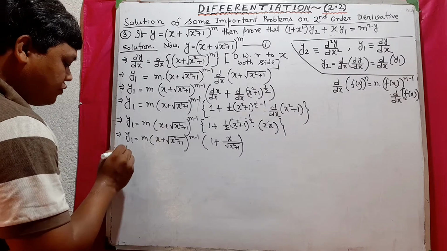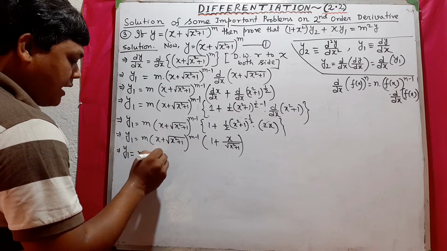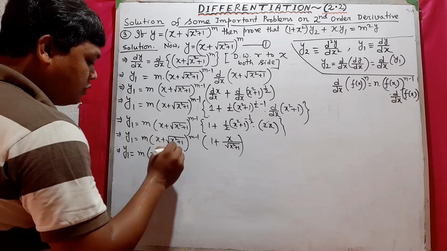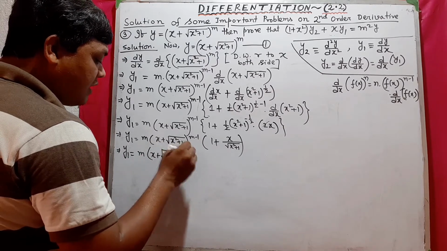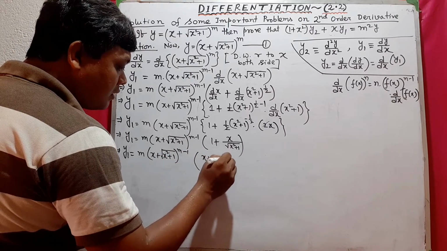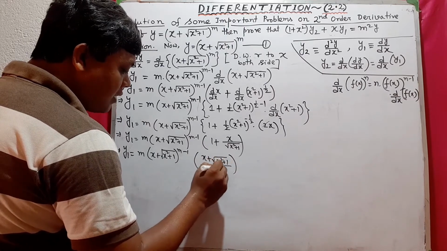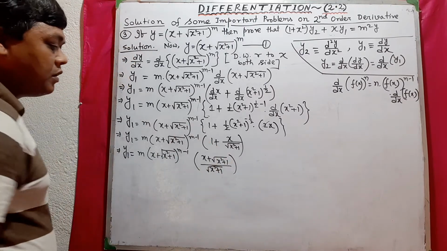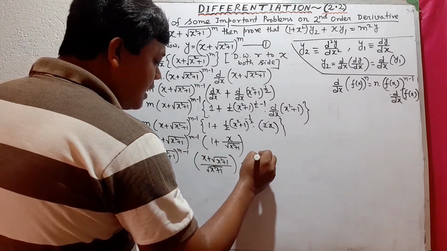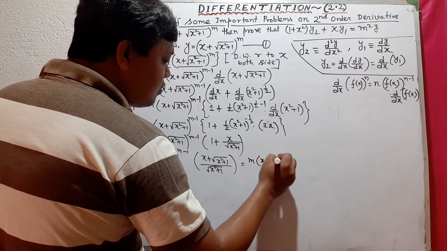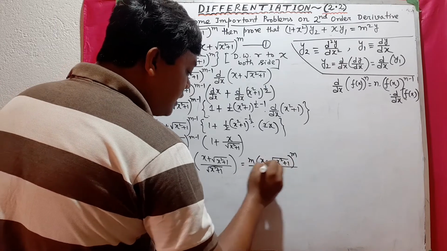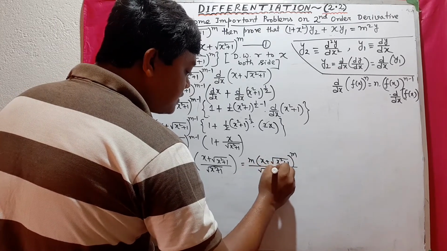So y1 equals m into x plus square root of x square plus 1 whole to the power m minus 1. If I add, x plus square root of x square plus 1 by square root of x square plus 1, that gives this part to the power 1, and so m into x plus square root of x square plus 1 whole to the power m by square root of x square plus 1.